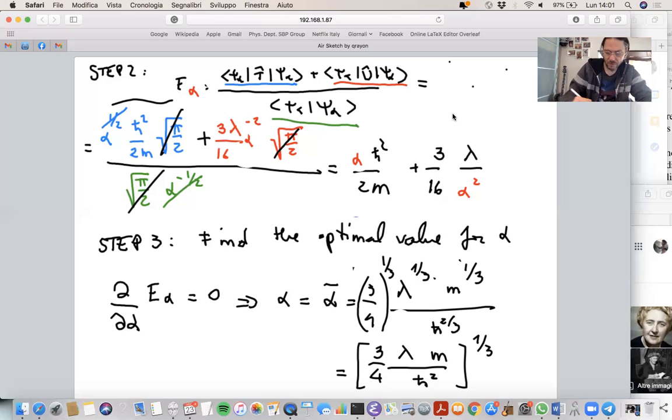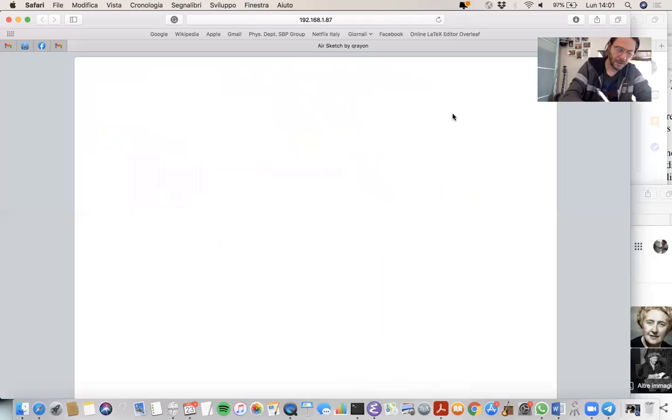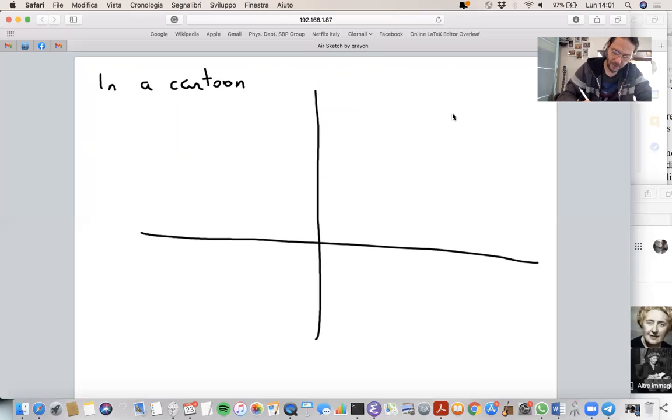So in a cartoon, so let me say this is a cartoon. It's not a real calculation. Suppose I have my potential. It's very steep because it's quartic.